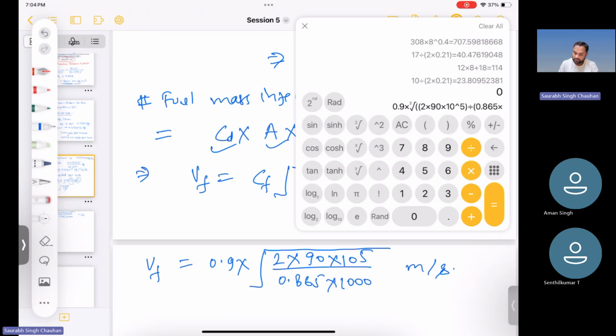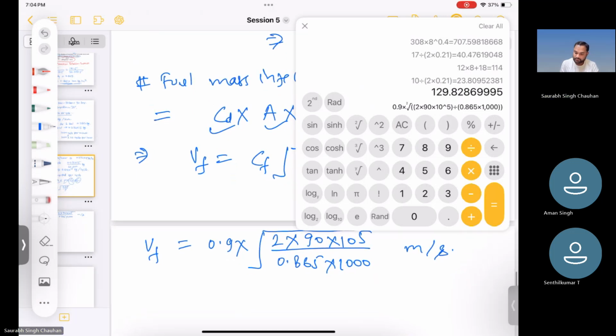So it is coming out to be 129.8 meter per second. This is the velocity.